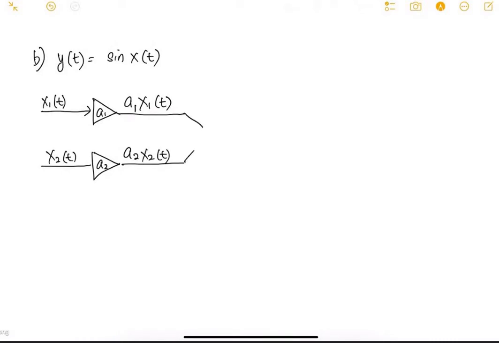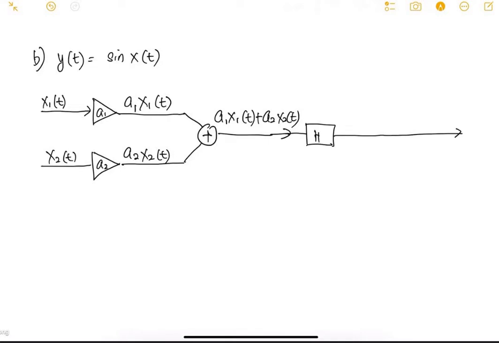Both signals are summed up to give a1 x1(t) plus a2 x2(t). Then you insert it into the system H to produce the output. So y1(t) equals sin of a1 x1(t) plus a2 x2(t).